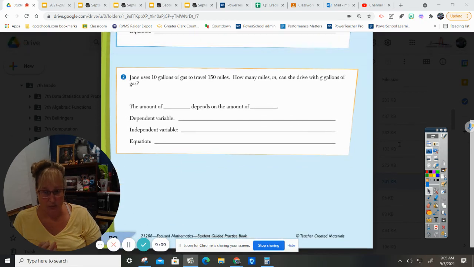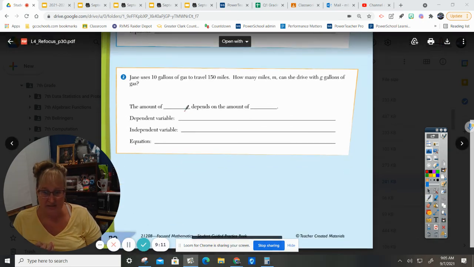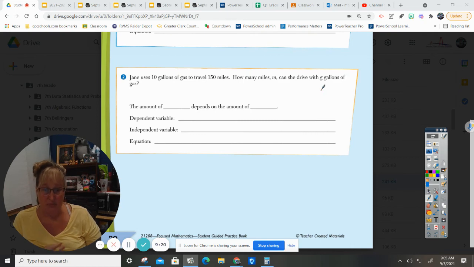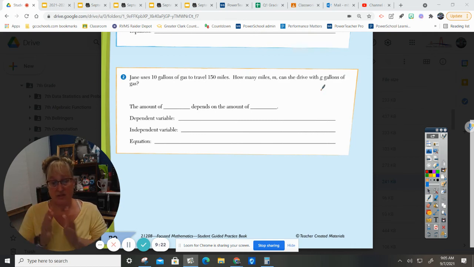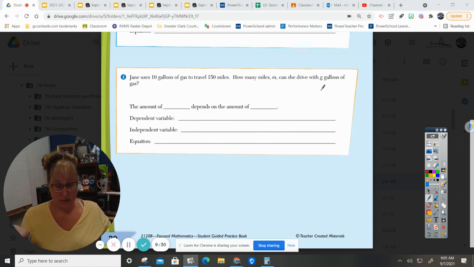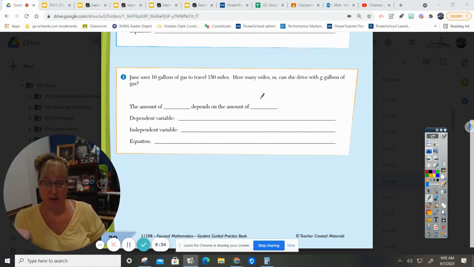It's just one problem. But what it says is Jane uses 10 gallons of gas to travel 150 miles. How many miles can she drive with G gallons of gas? Okay, so in this equation, we need to think about what depends on the other. Well, you need gas to go how far? So the need is the amount of gas.